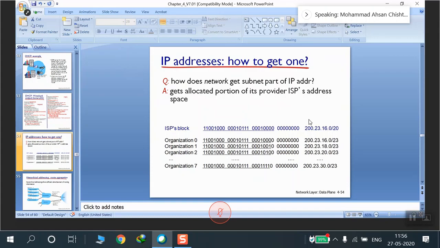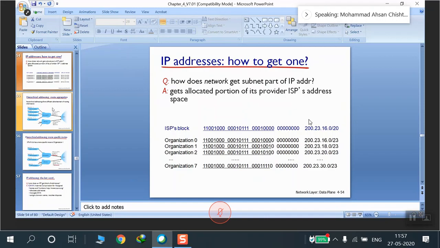Now, if two of them have the same IP address, how would your router or gateway know where to send this packet, whether this is the correct IP address or that is the correct one? So you would have what we know as an IP address conflict. Your operating system would give you a message that there is an IP conflict within your network.